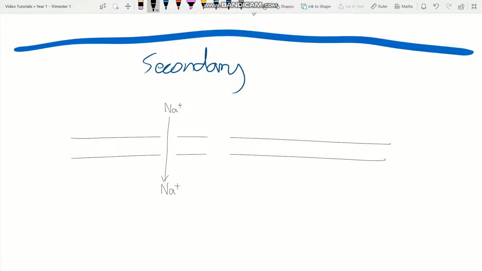The establishment of a concentration gradient in the opposite direction is able to allow for another molecule to move out of the cell. And this is a secondary active transport process. As these molecules are moving in the opposite direction, this is actually called an antiport system.